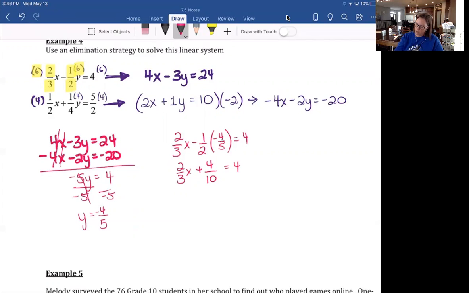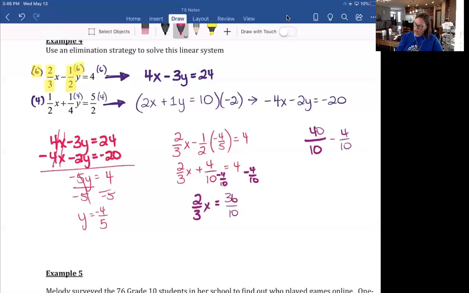I'm going to subtract 4/10. So 2/3 x is going to equal, now 4 as a fraction over 10 is 40/10. So 40/10 minus 4/10 is 36/10.